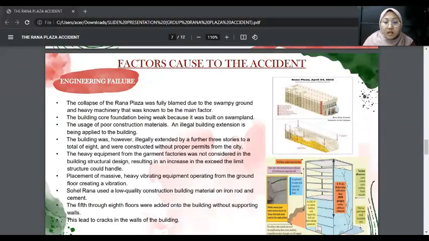For the third point, the building itself was built using low grade or poor construction material. The building owner, Muhammad Rana, used low quality construction material such as iron rods and cement in order to lower the cost and gain more profit.